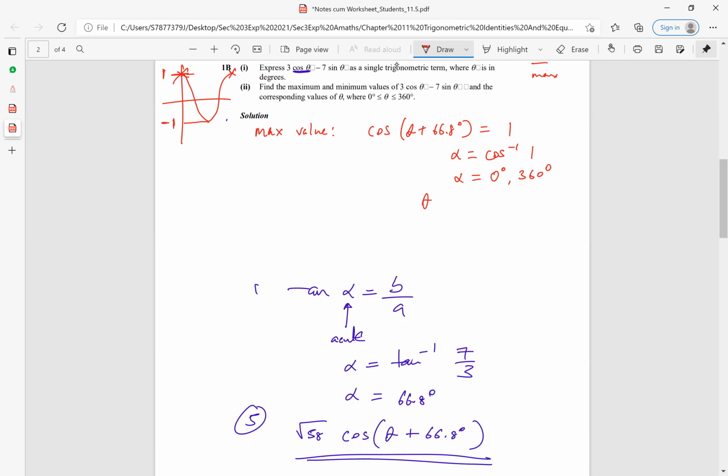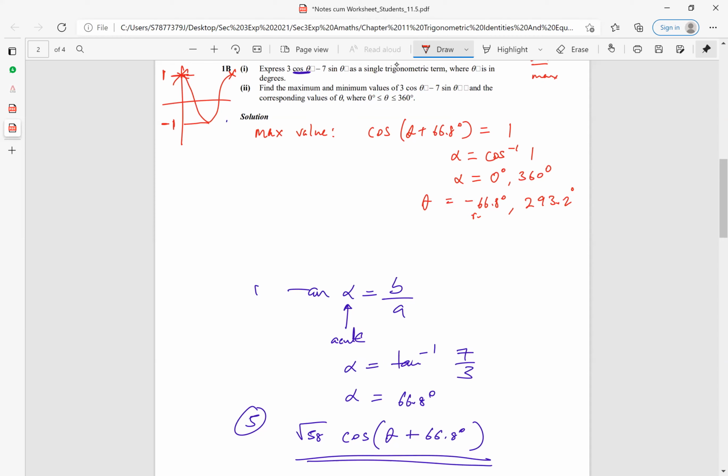So alpha must be equal to negative 66.8. And what do you have for the other value? 360 minus 66.8, 293.2 degrees.